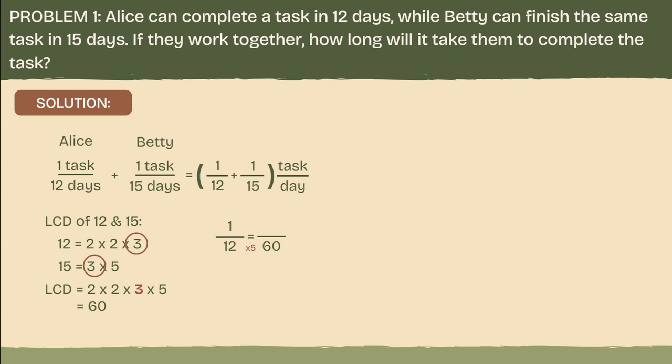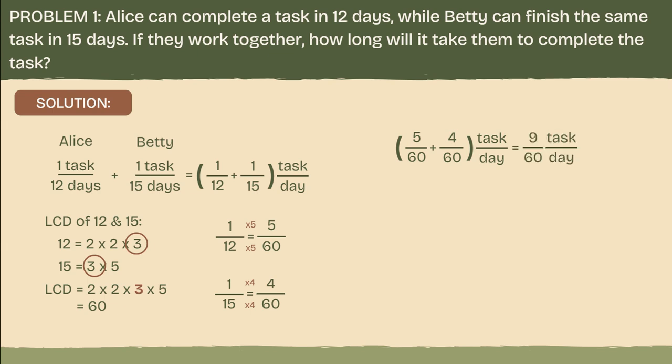And to keep the value of the fraction the same, we must also multiply the numerator by the same number. So 1 times 5 is 5, giving us 5/60. For the second fraction, 1/15, we multiply both the denominator and the numerator by 4. That gives us 4/60. Now, 5/60 plus 4/60 gives us 9/60 tasks per day.